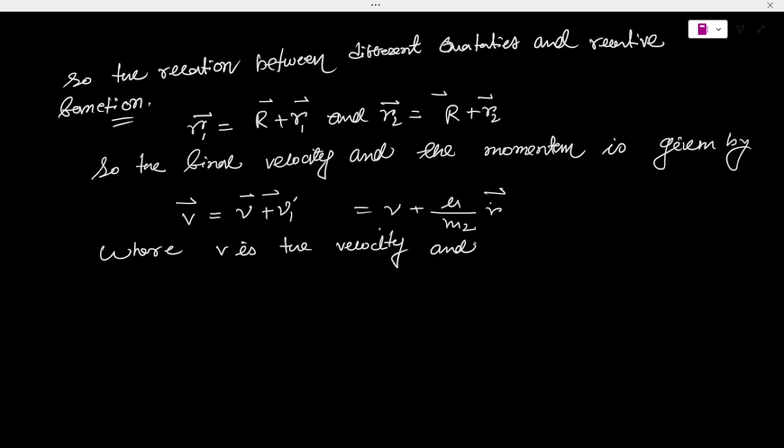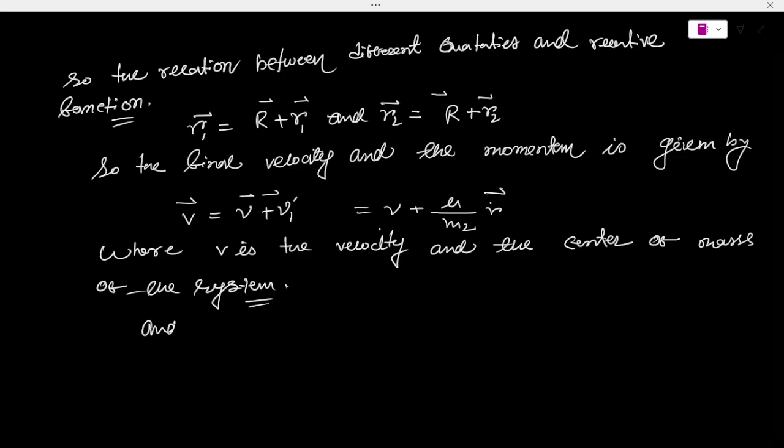where v is the velocity of the center of mass of the system, okay, and v2 will be v plus of v dot 2, okay. So v2 will be v plus of v dot 2, it is clear. And after that it will be that nu is equal to nu minus of v minus of nu divided by m2 r vector, clear.